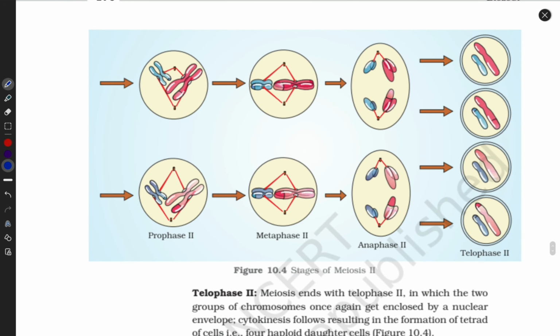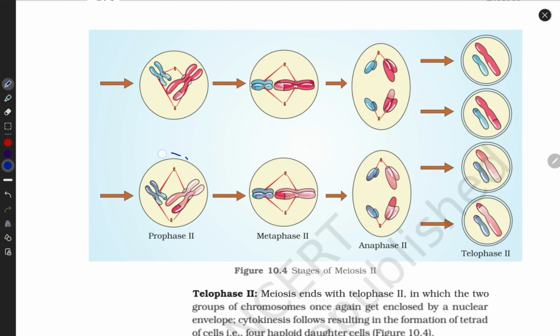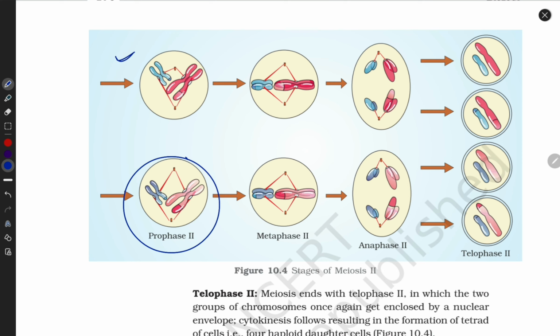Look at the diagram. In prophase second, the nuclear membrane dissolves; I'm taking only one cell, and this is the other cell. They attach with spindle fibers. In metaphase they arrange in the equatorial plate. In anaphase again they split.